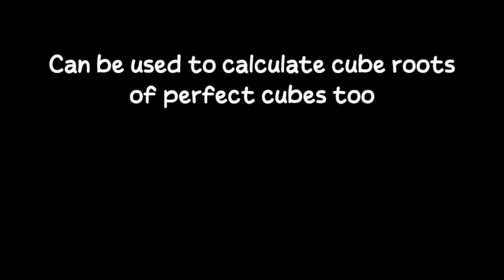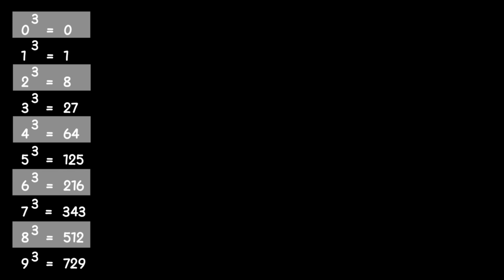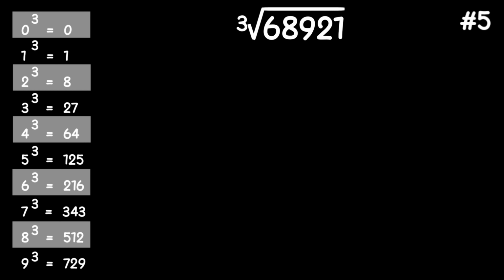This method can be used to find the cube root of a perfect cube number too. As the first step, you need to memorize the cubes of the numbers from 0 to 9. The remaining procedure is very similar to the square root method, and it is even easier since each last digit of the cubes is unique. For example, let's calculate the cube root of 68921. We look for the cube whose last digit is 1.